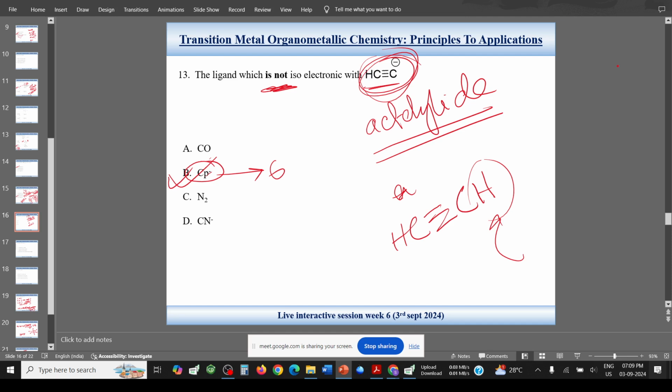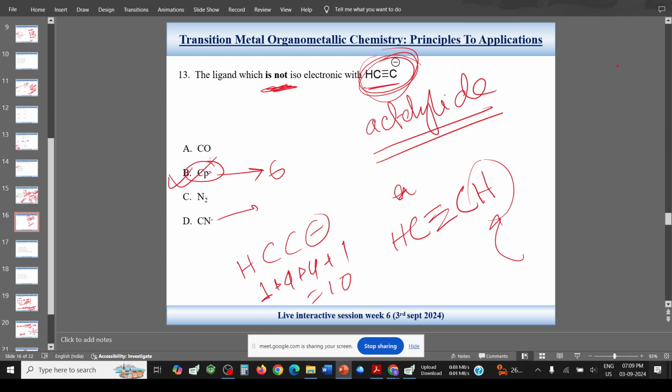Okay, so calculate in a simple way. This acetylenic moiety has one H, one carbon, another carbon, and one negative charge. If you calculate the total electrons for all the elements, this is 1 plus 4 plus 4 plus 1, so that is 10.